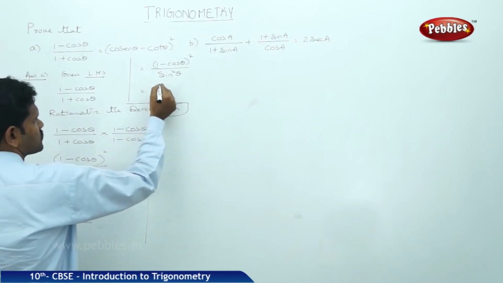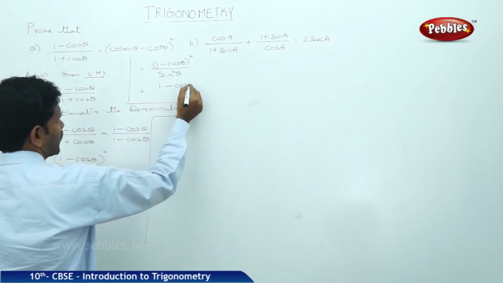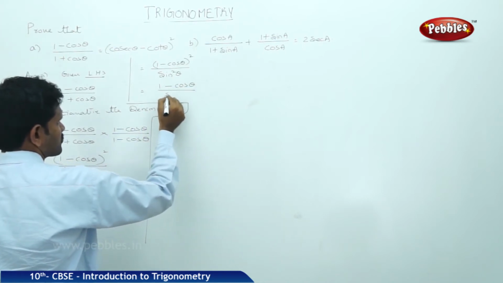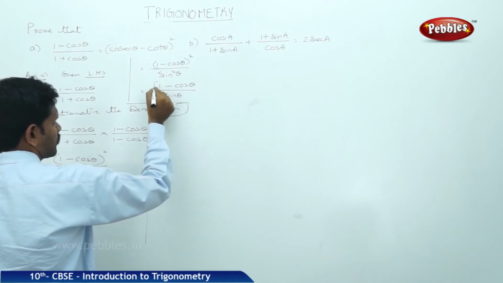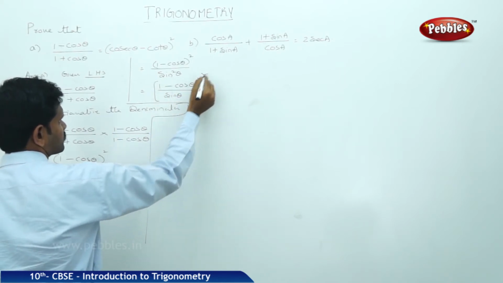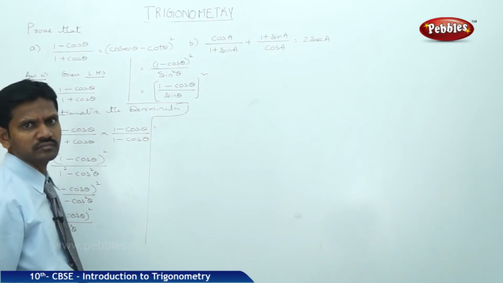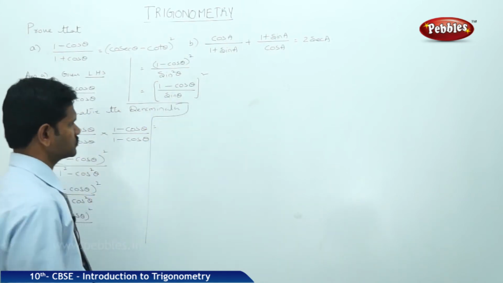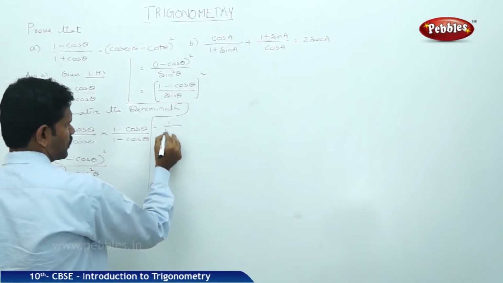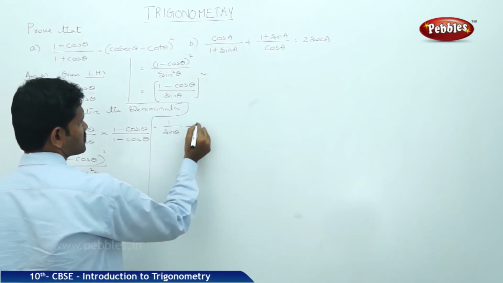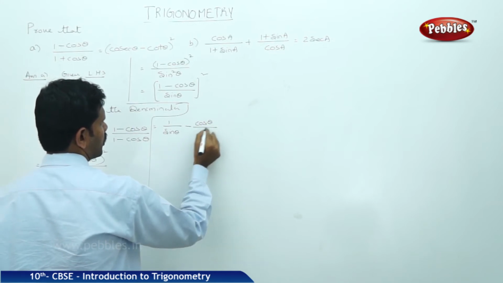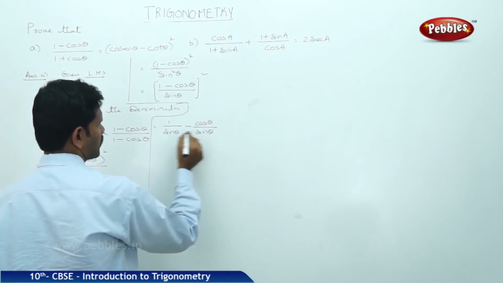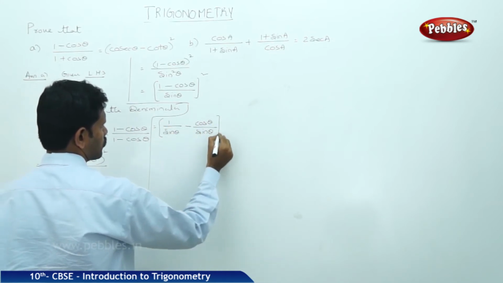Now I will arrange this as 1 minus cos theta by sin theta whole square, that is now divide sin theta to both, that is 1 by sin theta minus cos theta by sin theta whole square.